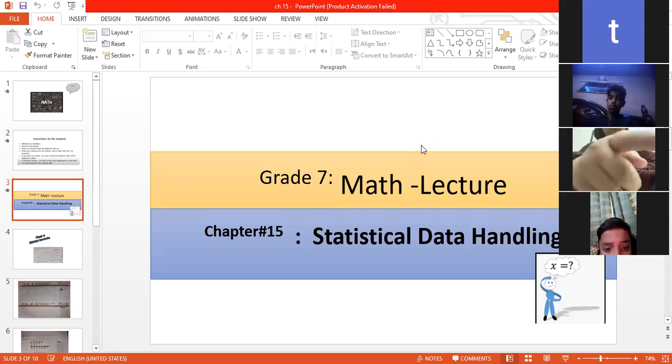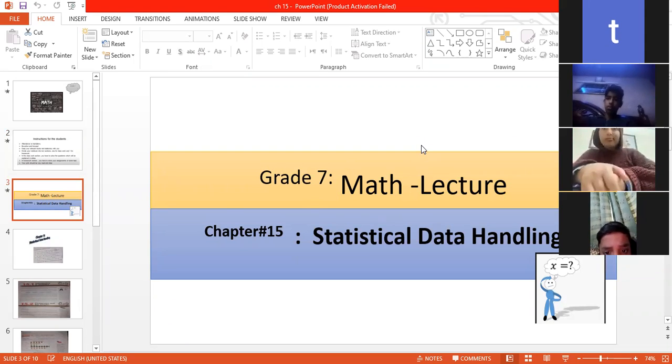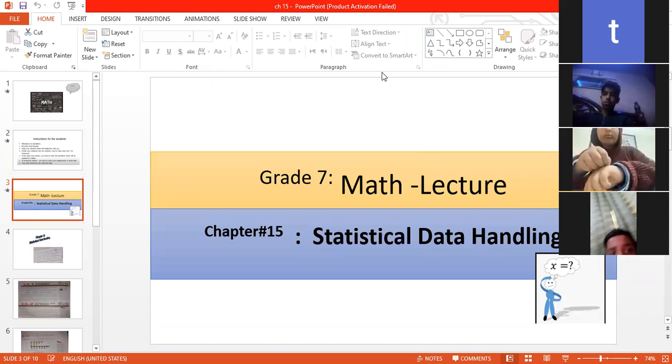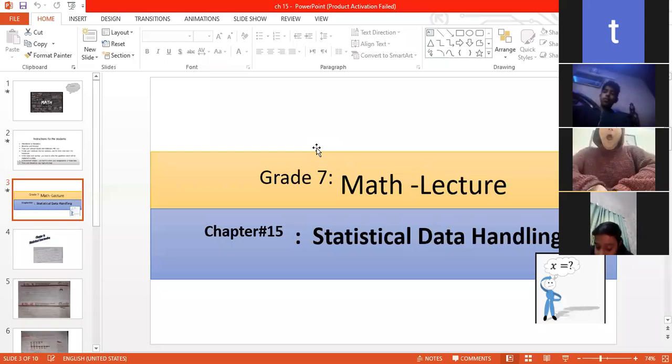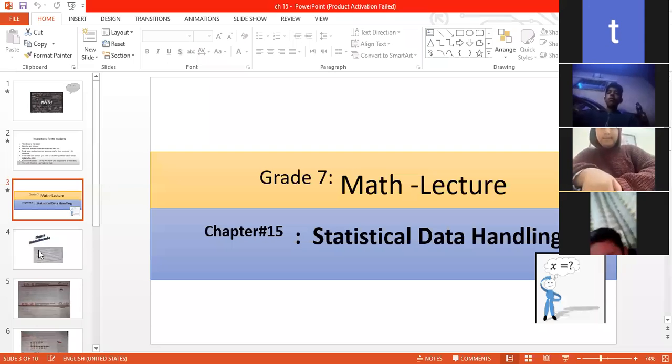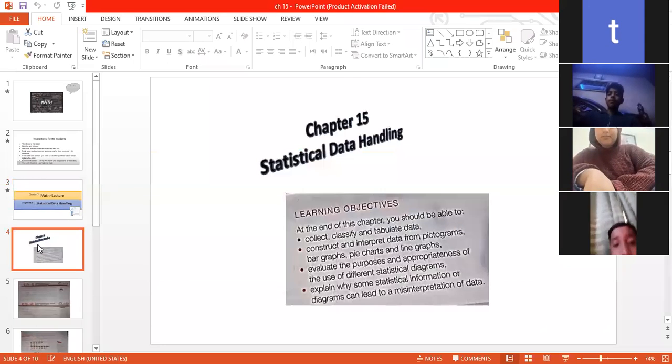Today, we are going to start our new chapter of the book D1, which is Statistical Data Handling. Chapter number 15, Statistical Data Handling. At the end of this chapter, you will be able to learn how you are going to collect, classify, and tabulate the data.